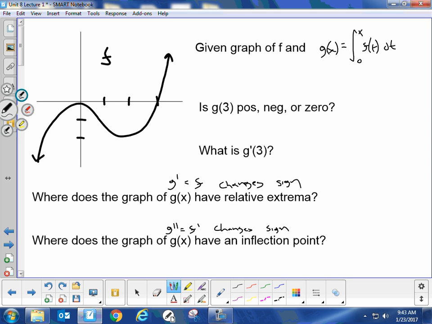First question is G of 3 positive, negative, or 0. What is G prime of 3? When do we have relative extrema?